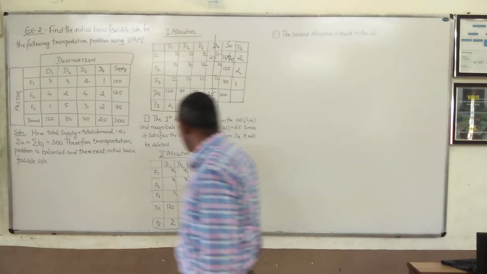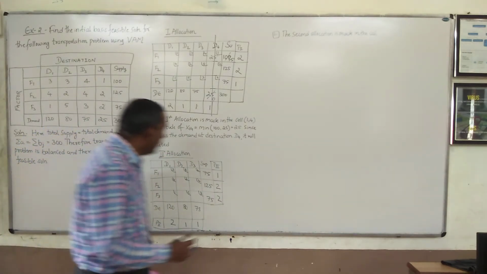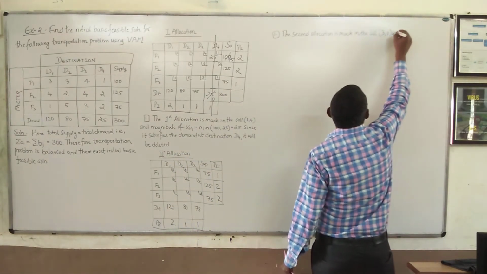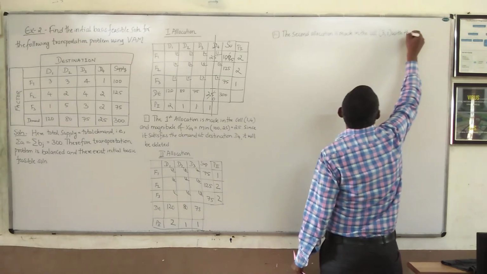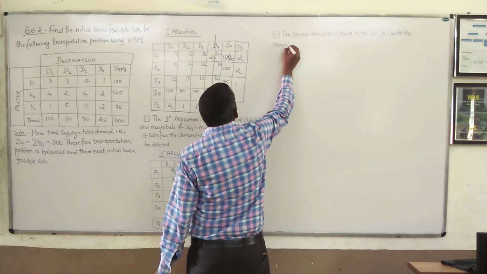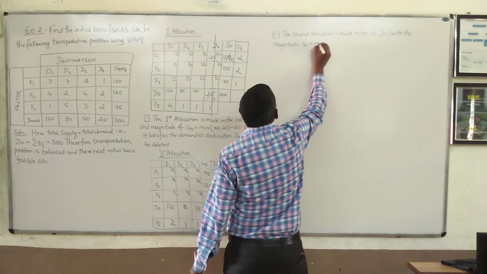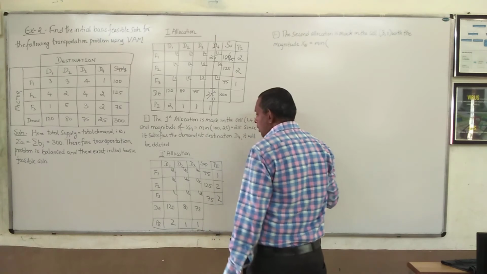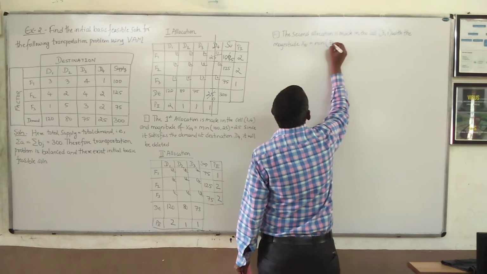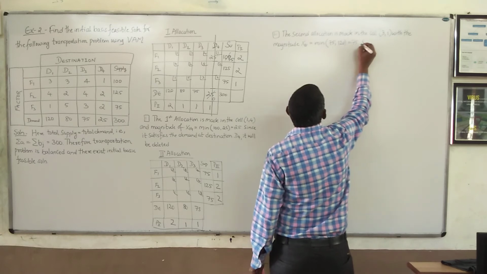cell. So I want to make the allocation in this cell at this location, that is 3,1, with the magnitude x31 equal to the minimum of 75 and 120, that is 75.